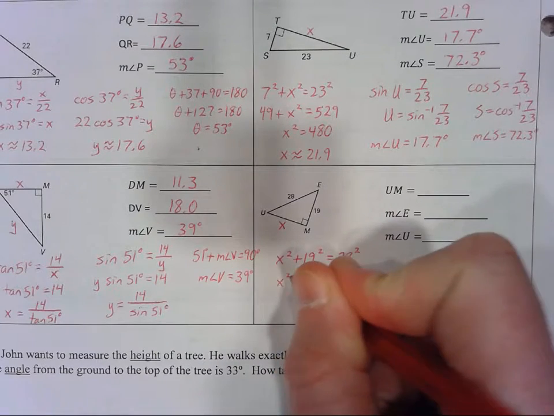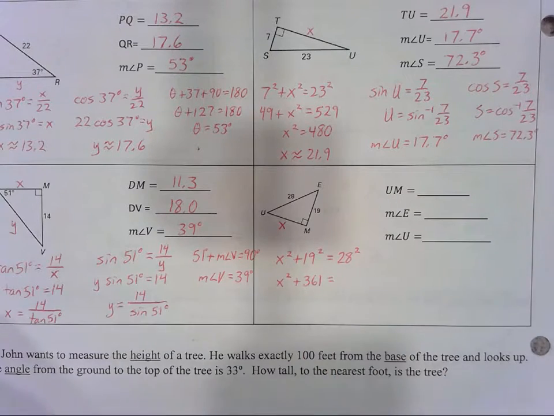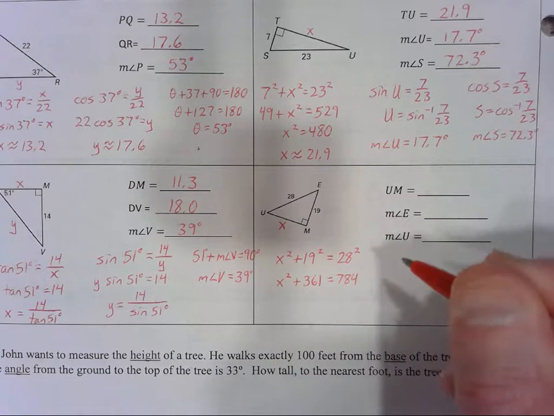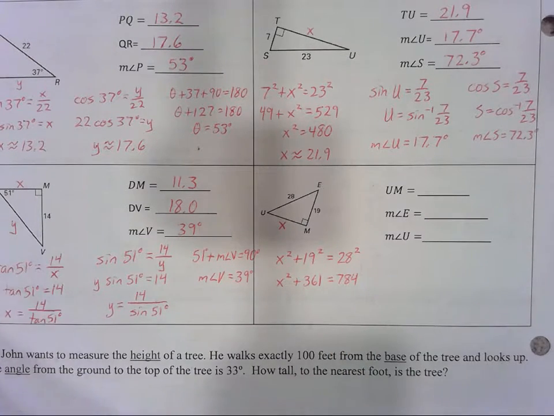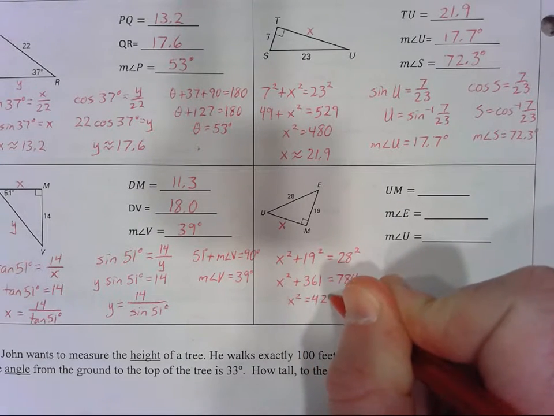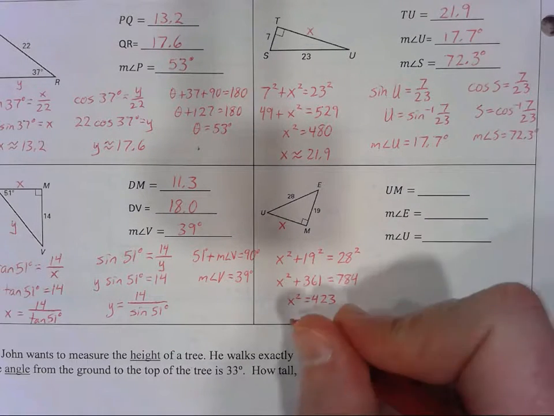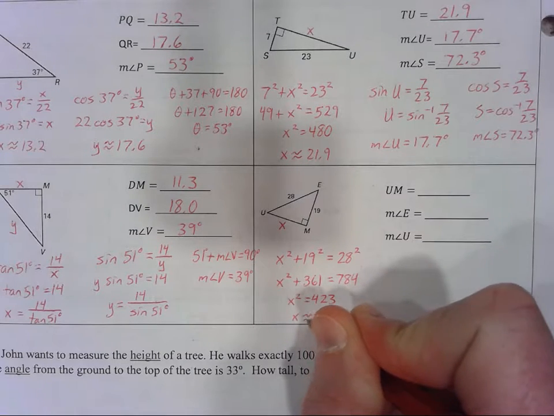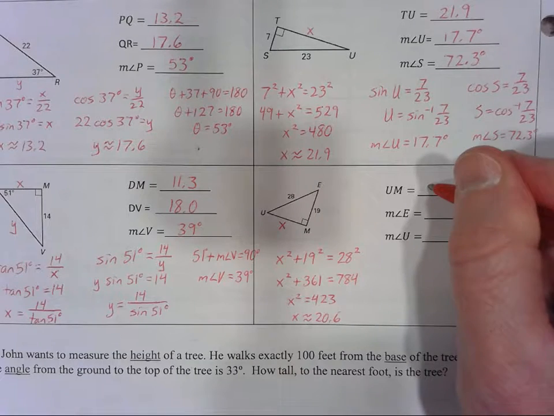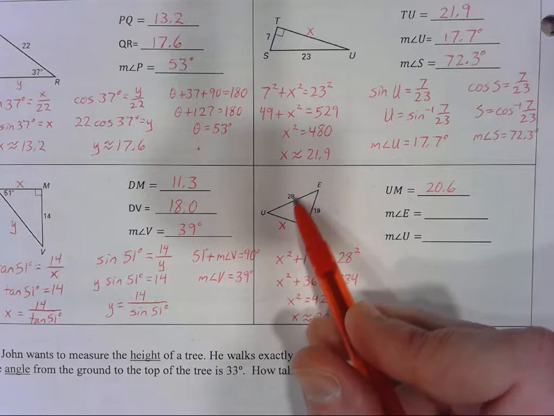So 19 squared is 361. 28 squared is 784. 784 minus 361 is 423. So we take the square root of 423 to get approximately 20.6 for UM. Notice it's smaller than the hypotenuse.